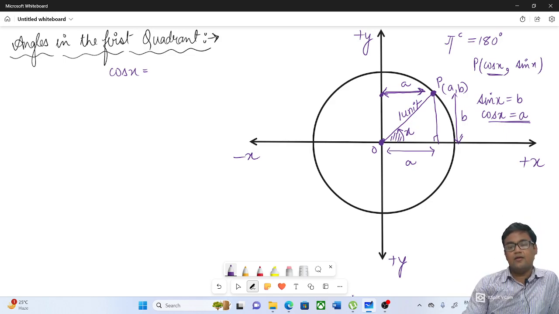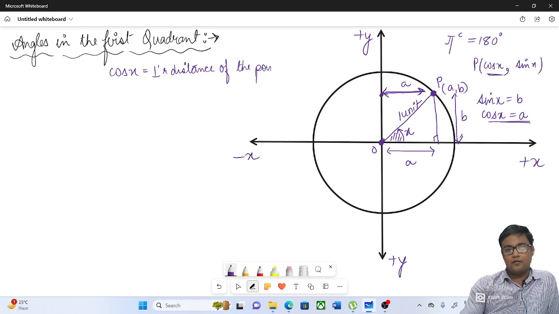It is still a ratio, but moreover now from this unit circle where the radius is 1 unit, that is why it is called unit circle, there will be some changes in the definition of cosine as well. Now cosine can be termed as the perpendicular distance of the point P, here this is the point P, from the y axis.